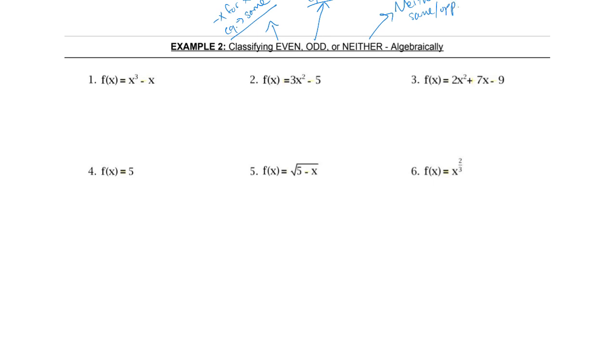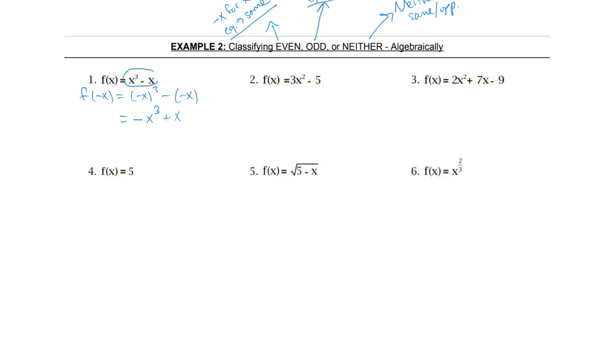Essentially, what we're going to do is substitute in negative x for x and see what solution we get. So if we substitute in negative x, negative x minus negative x, we end up getting negative x cubed, because it's an odd power, and this becomes plus x.